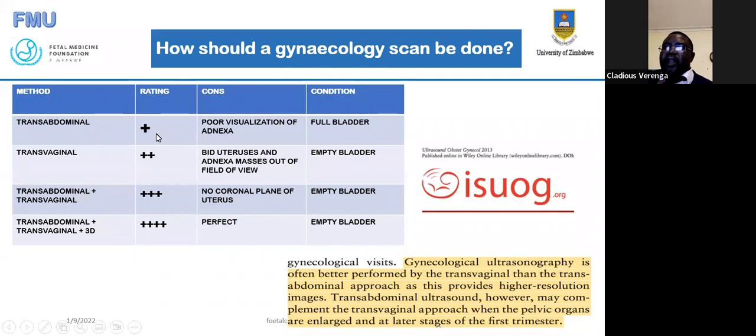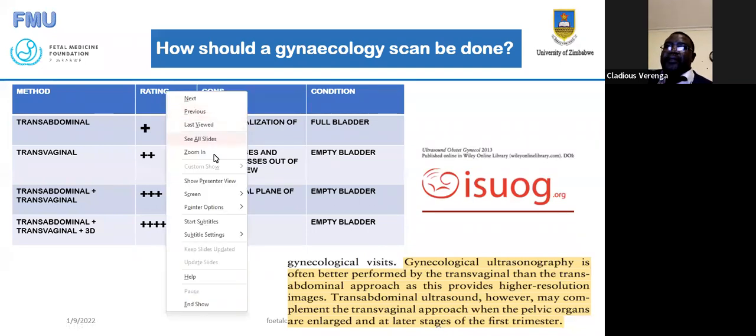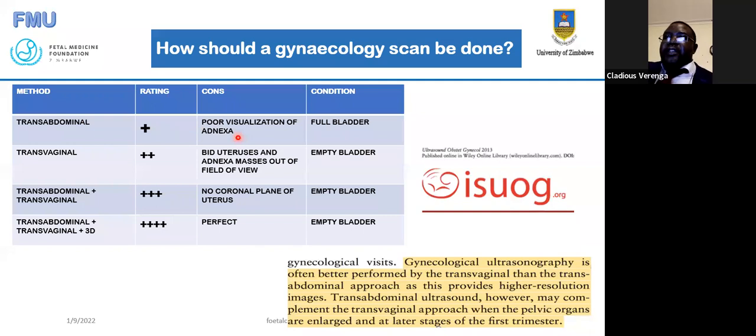Honestly, none of us in this modern day, in 2022, should be just using transabdominal ultrasound as the only way of evaluating the woman's pelvis in non-virgo intact women. We are aware that Africa is stuck in the 1950s or 1960s, but there's no one who's going to come and move Africa forward for us. Don't expect that someone will come and tell you to stop and to improve yourself.